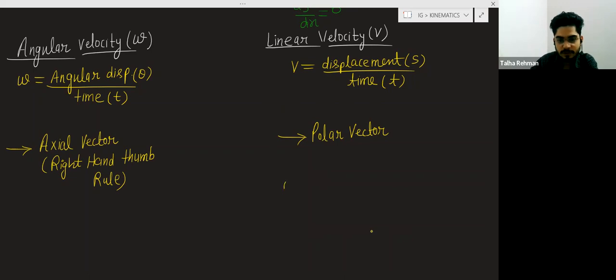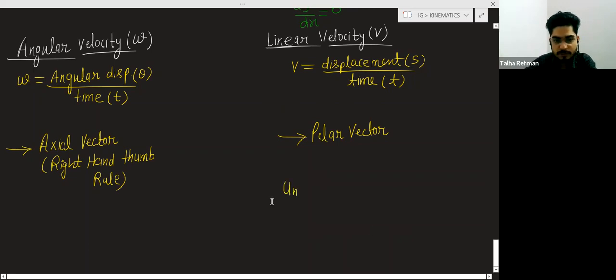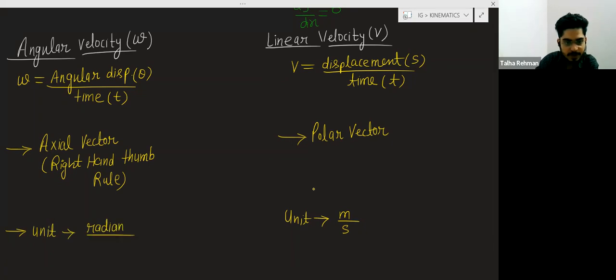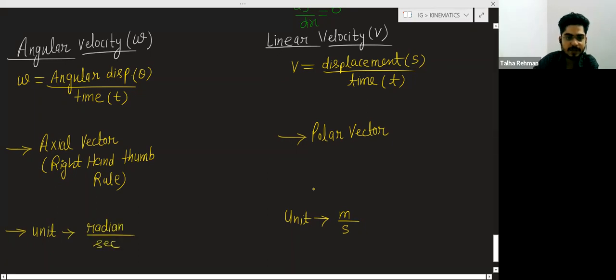M is for meter. And unit of angular velocity will be radian per second. Why? Because unit of theta is radian, unit of time is second.